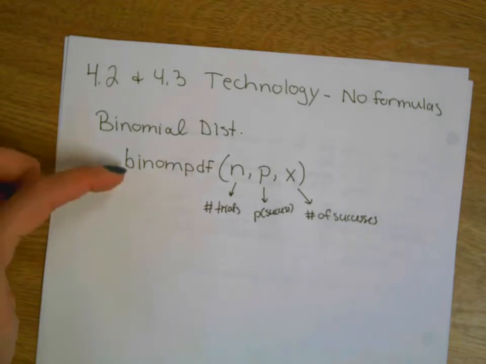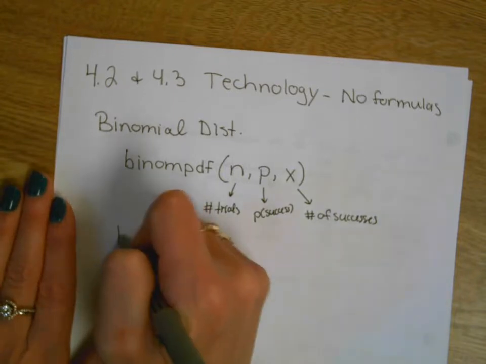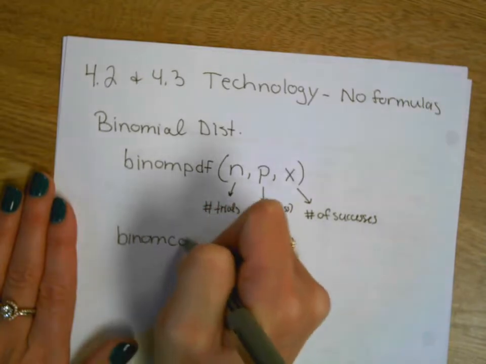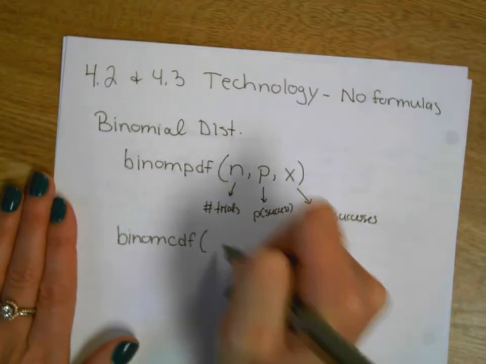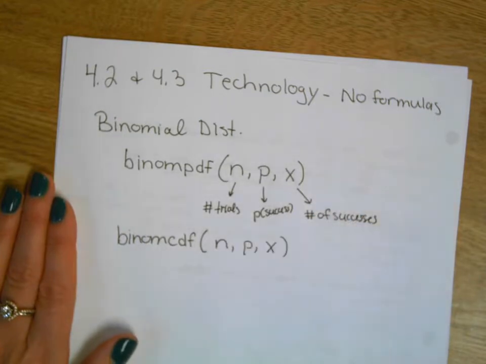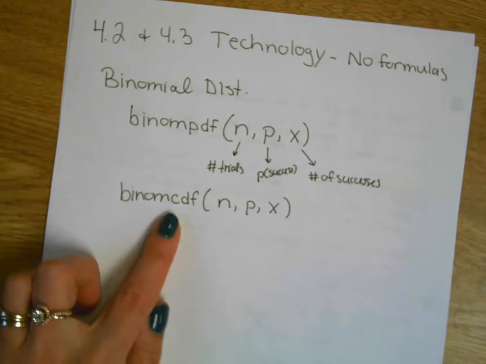Now once you see this, there's also a second function called binom CDF. That also gets fed 3 values, the same 3 values, but what the C stands for is cumulative. You know how we were adding up probabilities?